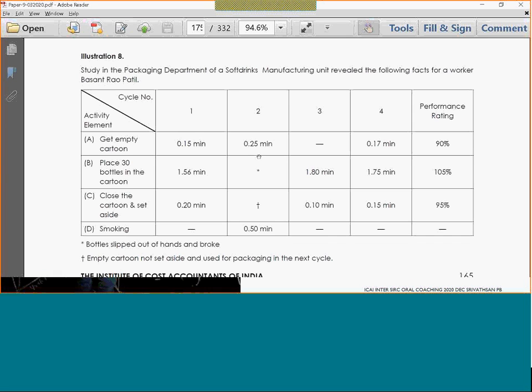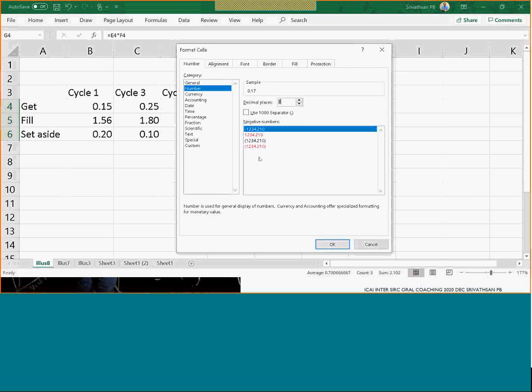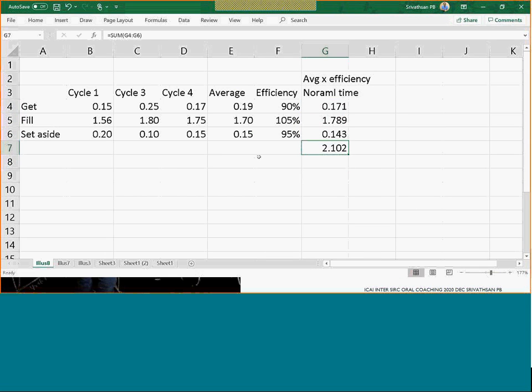He is 80% efficient in getting the empties and efficient in filling it, and 95% efficient in closing. This is the normal time, adjusted for efficiency.